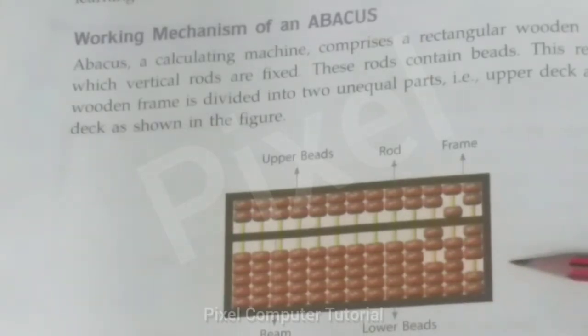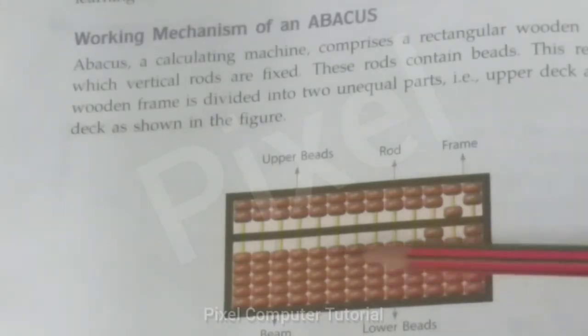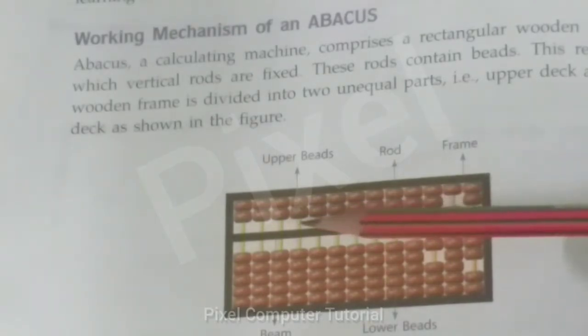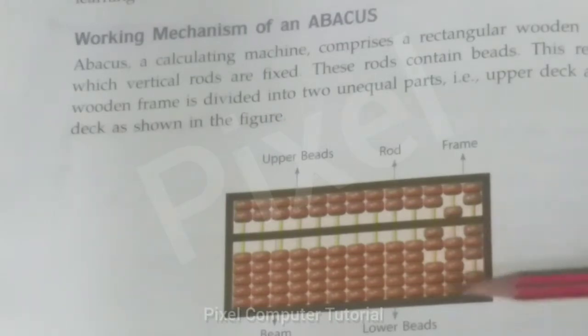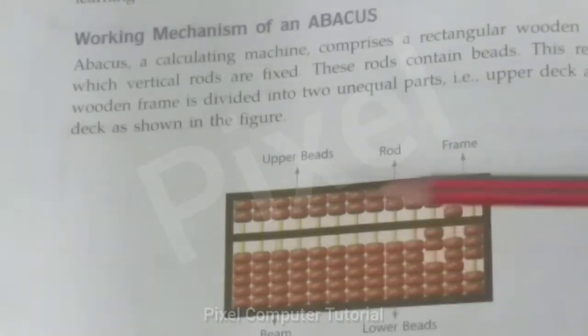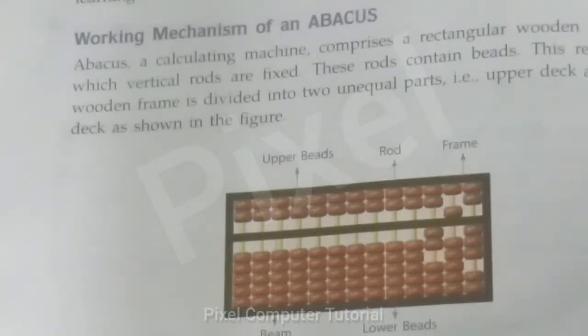So there is a sequence of beads at the top, the upper beads, and the lower beads. The upper beads were called heaven and the lower beads were called earth. The upper beads had 2 and the lower beads had 5.